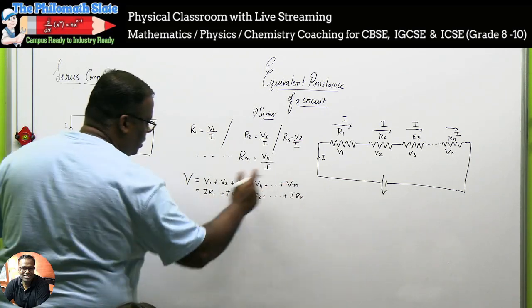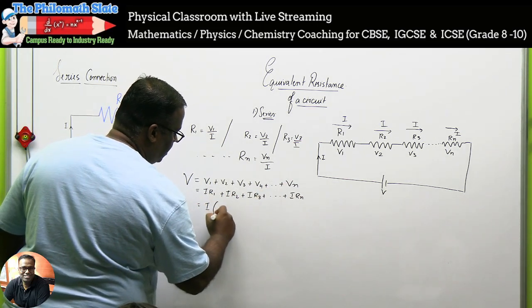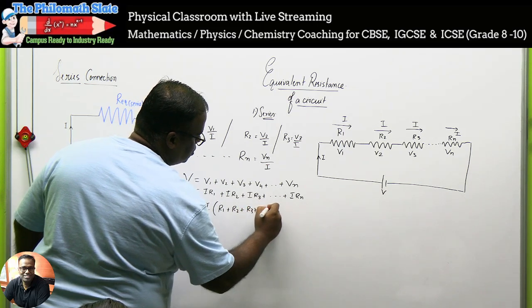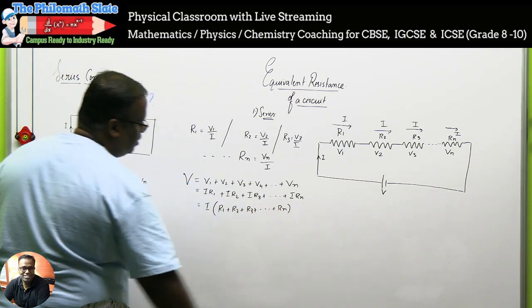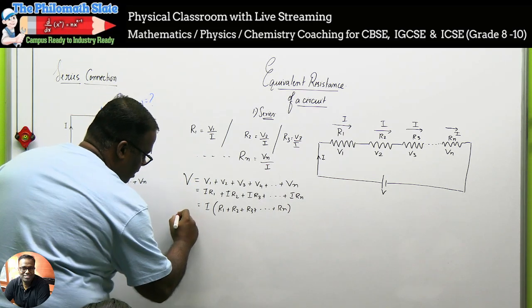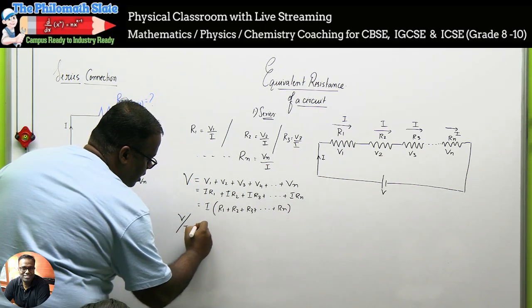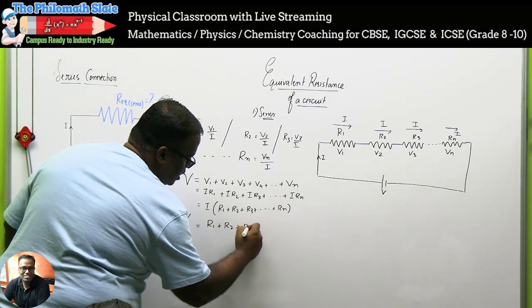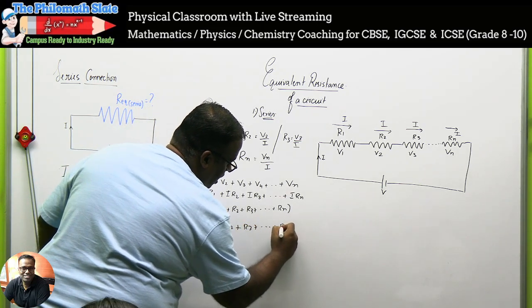इतना I है तो इनको बनाओ बंदर का भाई. I times R1 plus R2 plus R3 plus ... Rn. Now bring the I this side. V upon I is equal to R1 plus R2 plus R3 plus ... plus Rn.